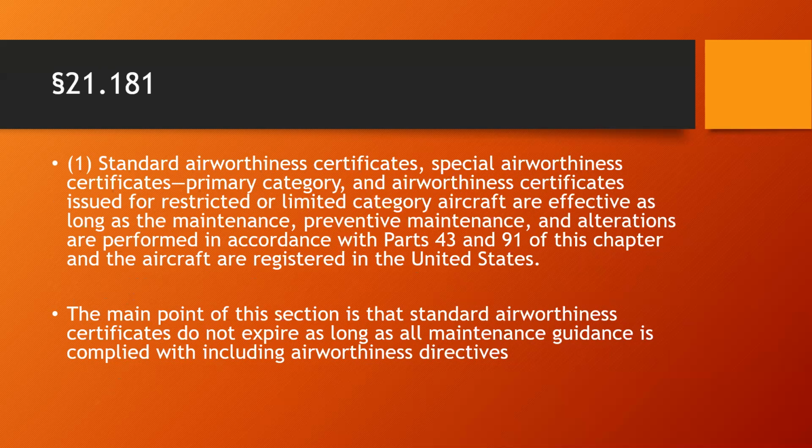The whole point of this section is that standard airworthiness certificates don't expire as long as maintenance is kept up with on the aircraft. So if there are airworthiness directives, make sure that those are all up to date. Make sure that any 100 hours, all those things are kept up to date. And as long as you've kept up on the maintenance of your aircraft, then your airworthiness certificate will not expire on the aircraft. You won't have to renew that, which is kind of nice.